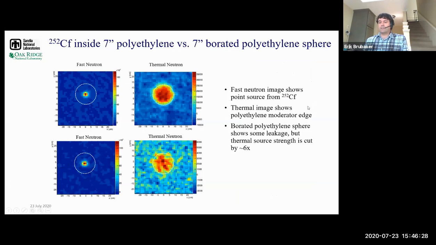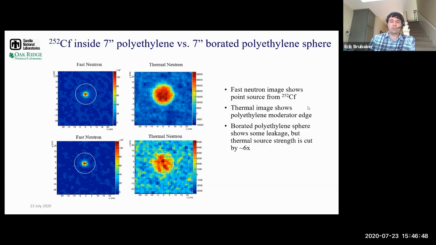So then I just have a few results to go through. And I'll just preface this by saying that this system, coded aperture imaging for fast neutrons with this detector, is the best solution we have right now for fast neutron imaging at high resolutions.